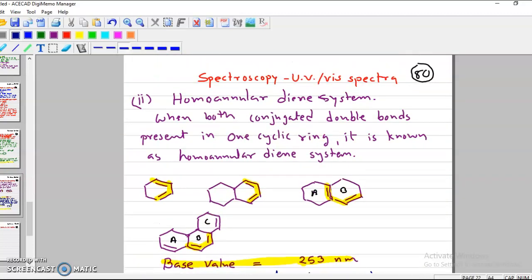One is open chain, another is homoannular, and the third one is heteroannular diene system, and each one has a different base value. Once we take the base value, then we have to add certain wavelength increments which are present along with this diene system. There may be more than two alternate double bonds. Then we have to add some extra wavelength value for extra double bonds and other things also. I will explain all these increments in the next lecture.